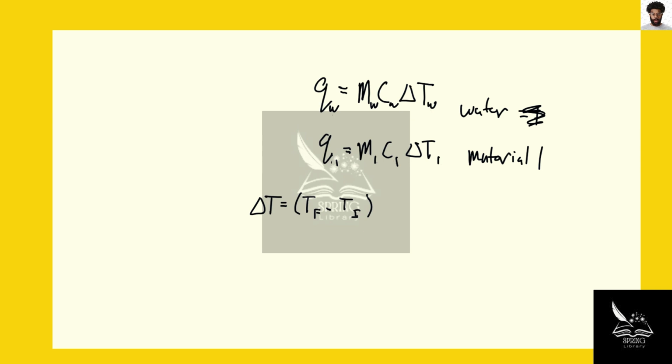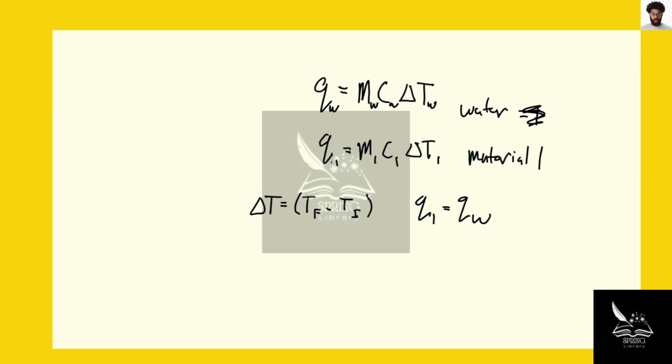There's nowhere for energy to go in our system except from water to material or from material to water. That is, we can say that Q1 is equal to QW. If our water gained heat, it was from the material. If our water lost heat, it went into the material, right? Any change in temperature that either one underwent was sort of the result of the other, right?